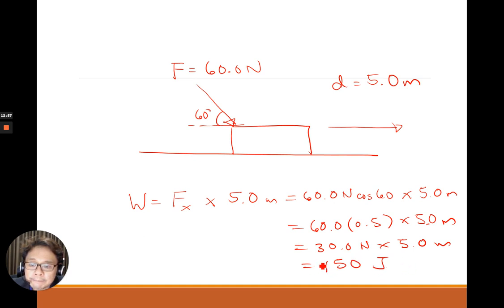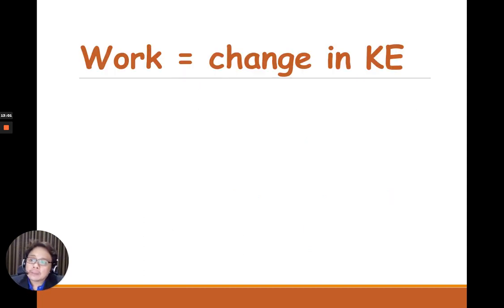Now we say that work can be equal to the change in kinetic energy if the object is moving. If the object is not moving, but you have stored energy, then work is equal to the change in potential energy. So we take a look at the two instances wherein work is equal to the two types of energy mentioned.